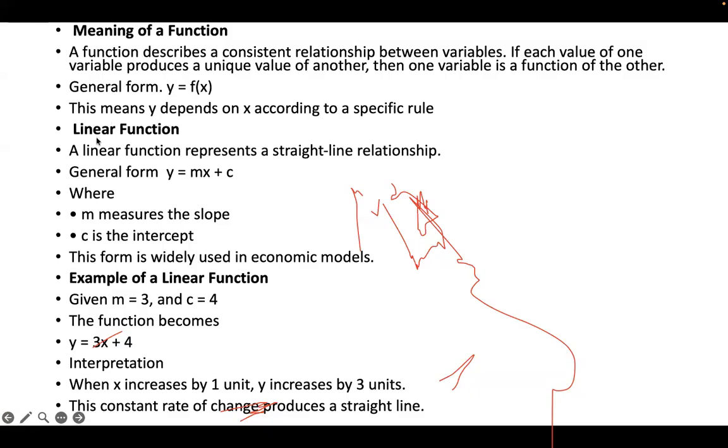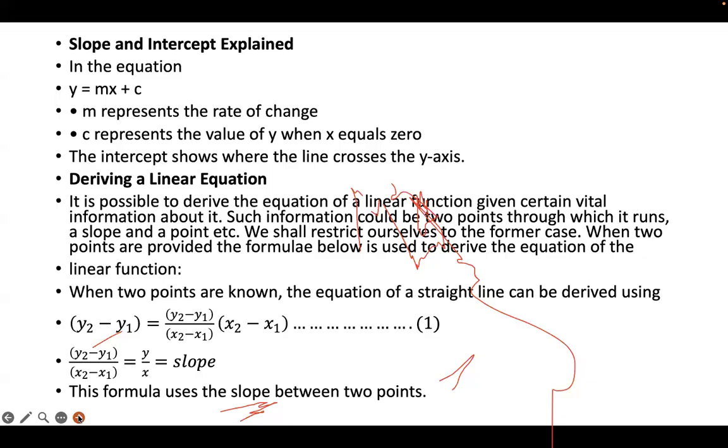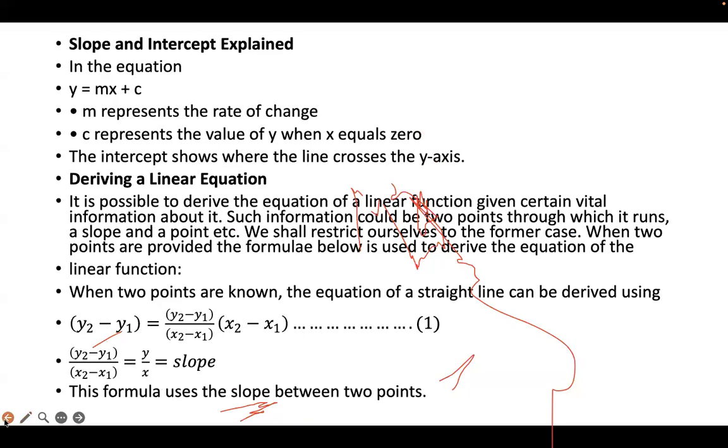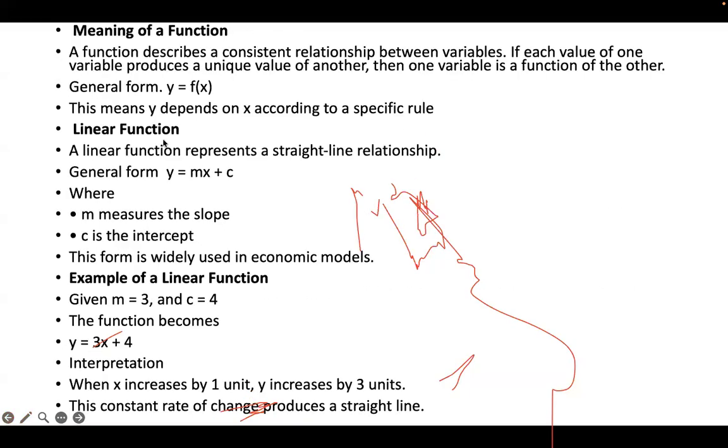So we have types of functions. We have the linear function, then the quadratic function. With the linear function, we represent it as a straight line relationship.